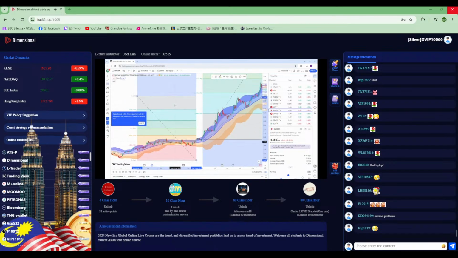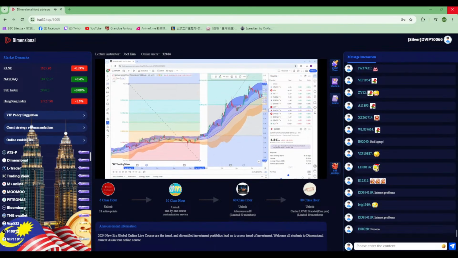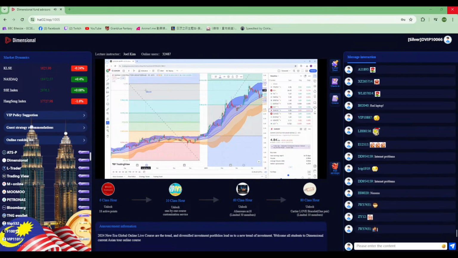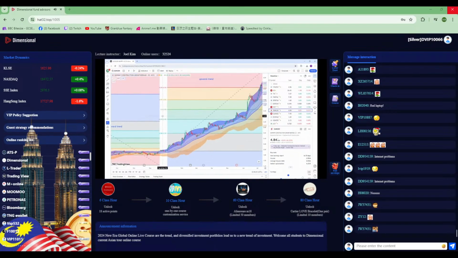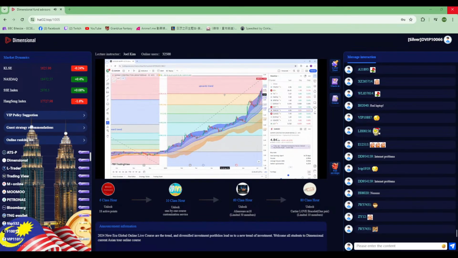And this is a downward trend. Understand? For downward trends, draw it from upper to lower, from the highest point to the lowest point. And if it's an upward trend, draw it from the lowest point to the highest point.